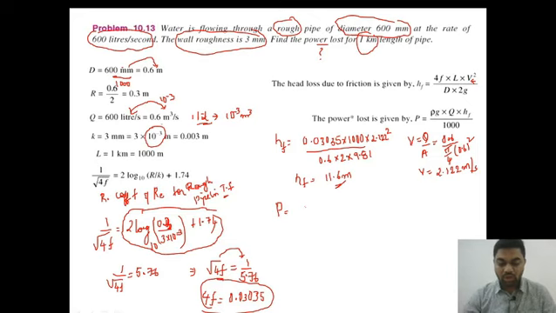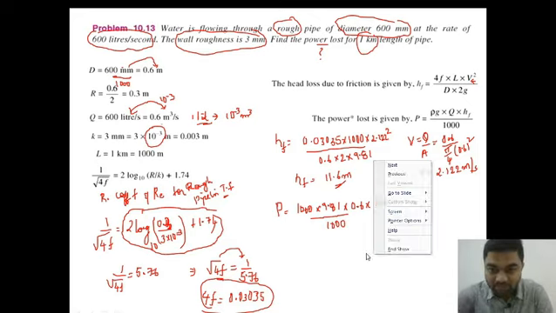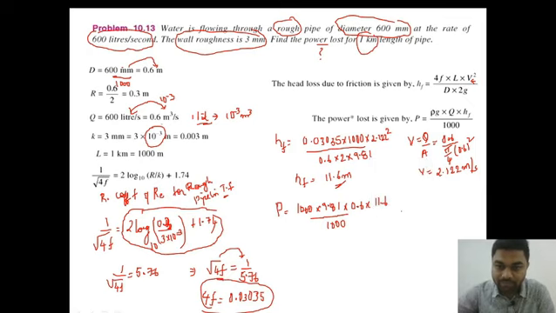Rho is density of water, which is equal to 1000 kg per meter cube, into G, acceleration due to gravity 9.81, whereas Q is 0.6 meter cube per second, into HF, 11.6 meter, divided by 1000. We will get the value of power in the form of kilowatt.